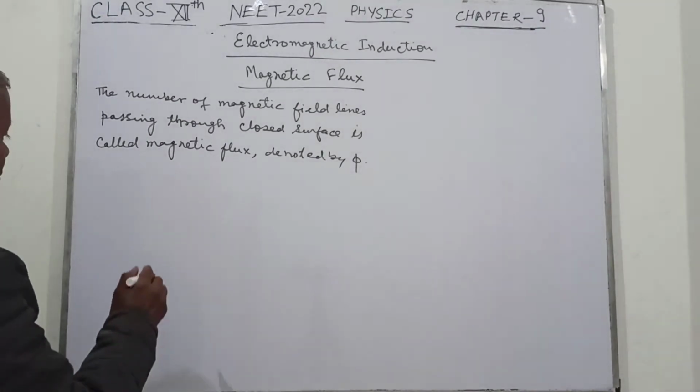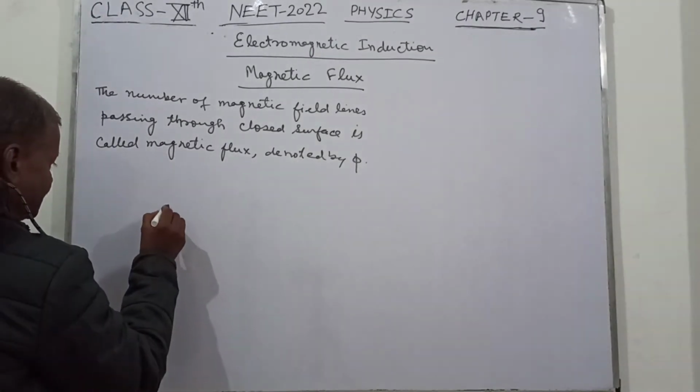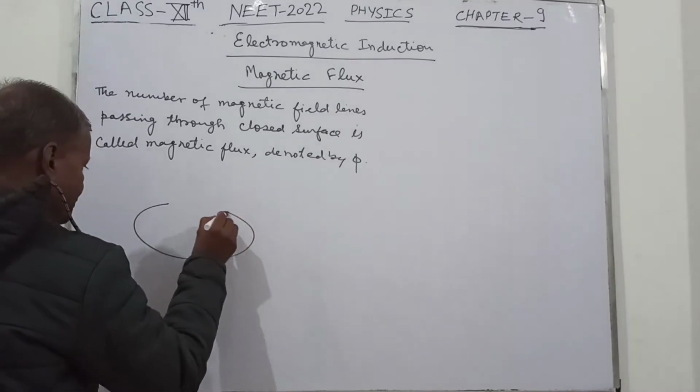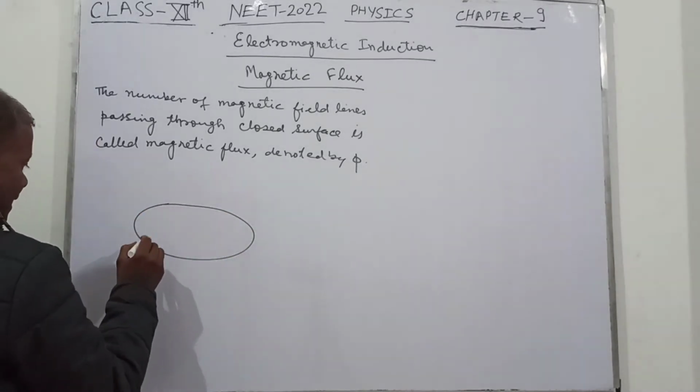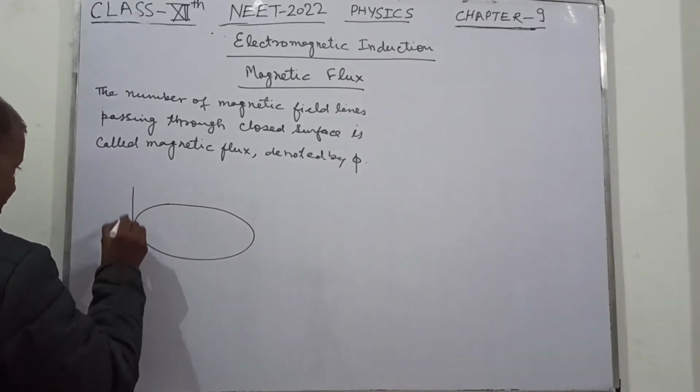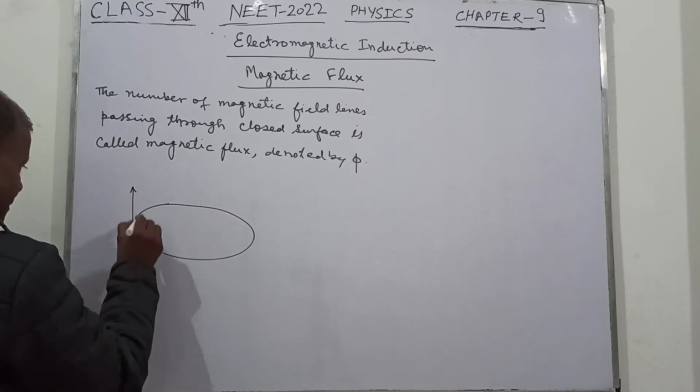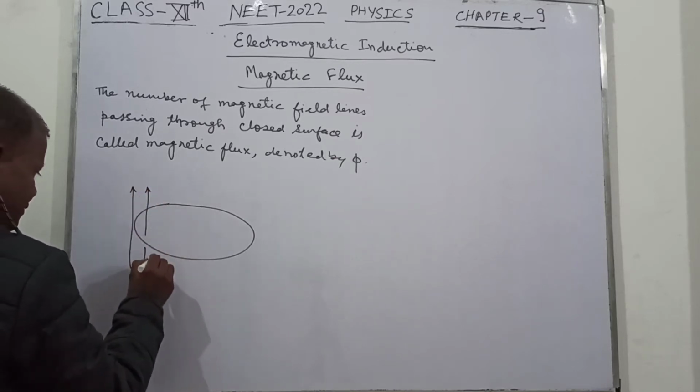So now we have this surface and the lines like this one passing through this surface.